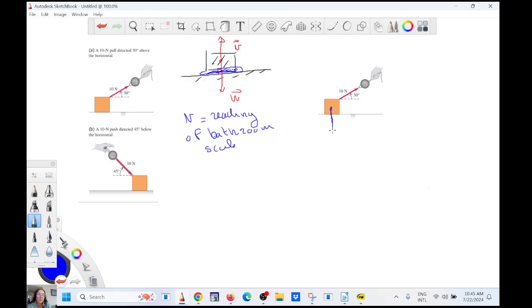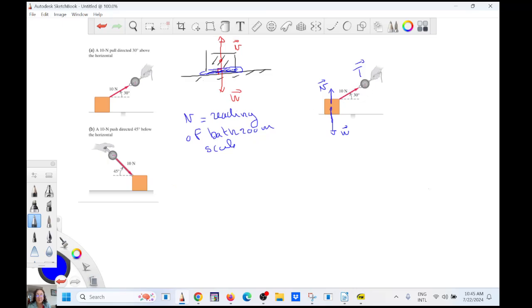You still have the same weight, but now this force here is a string, so that will be a tension. It's doing two things at the same time: it's pulling the block forward, but it's also lifting the block up. So now it's not pushing as hard on the ground, which means you have a normal force, but the normal force will be a little bit smaller.